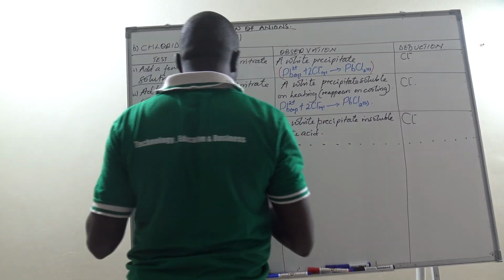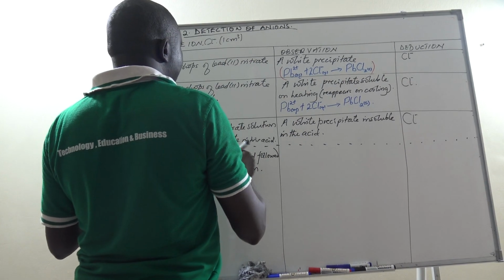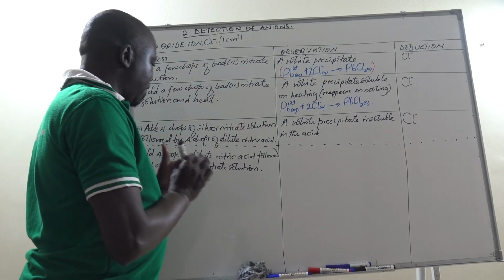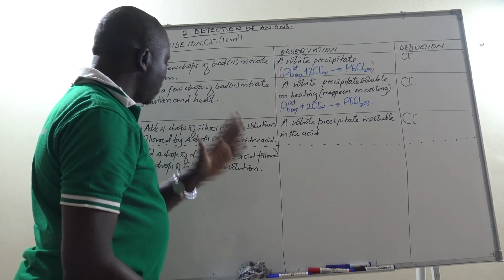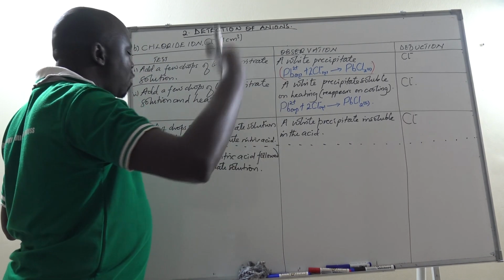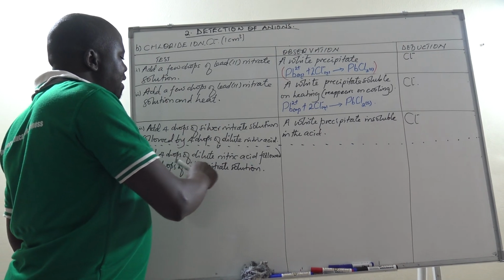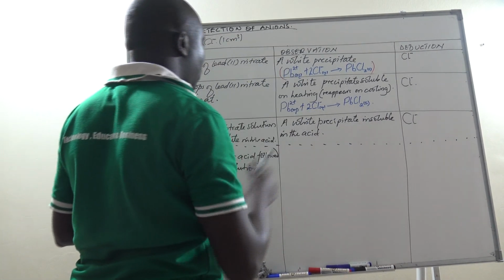In this case, since we are starting with the dilute nitric acid, its work as usual, we know, is to destroy any sulfite ion or any carbonate ion and prepare the way for the action of silver nitrate on the chloride ion in that solution.